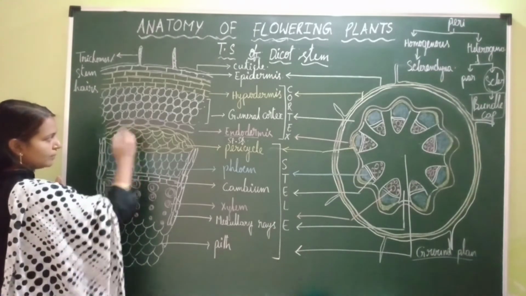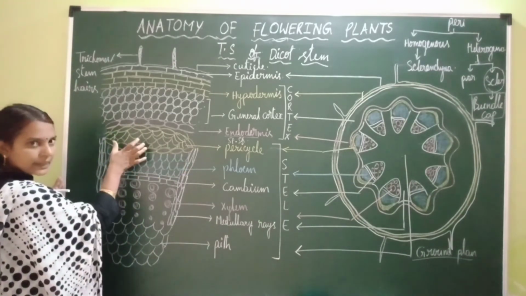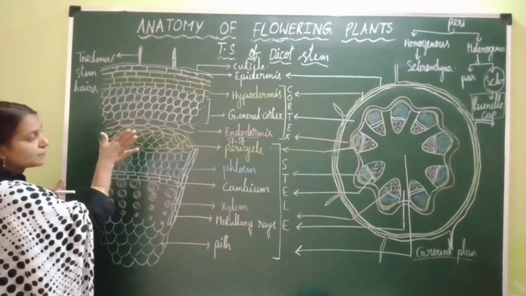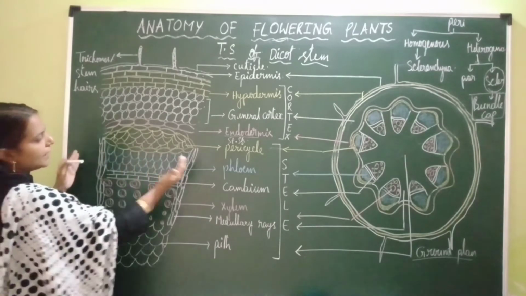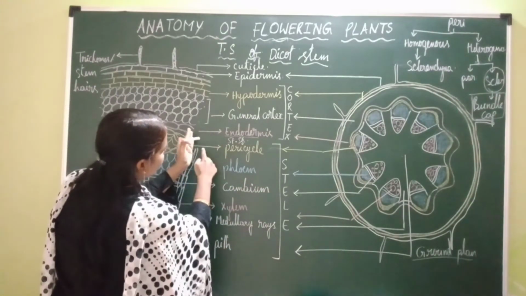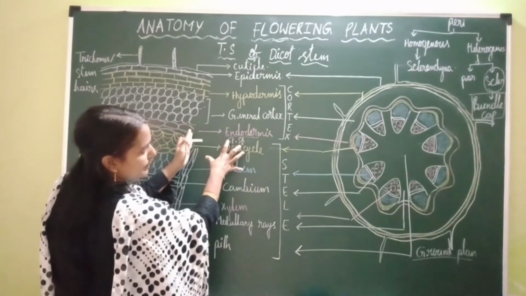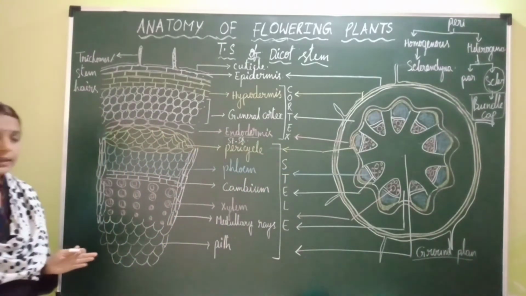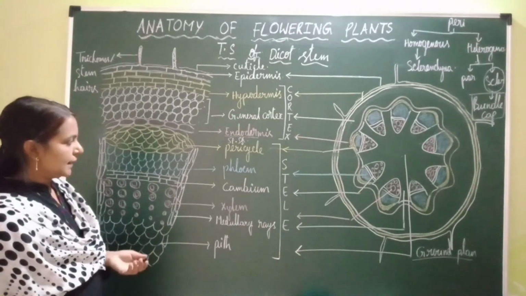Above this phloem, the pericycle is sclerenchymatous, in the form of a semilunar patch, that means half moon. After this vascular bundle comes one more vascular bundle, and in between, the pericycle is made of parenchymatous tissue, right? So this is about pericycle.